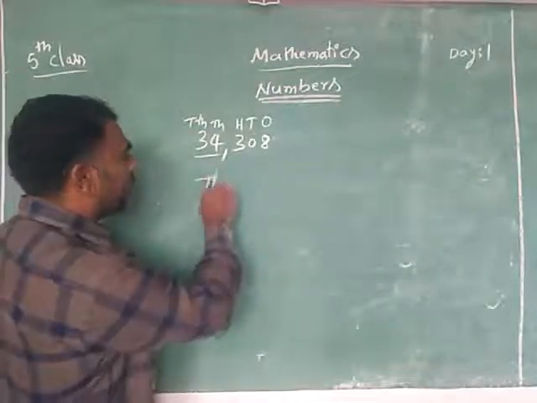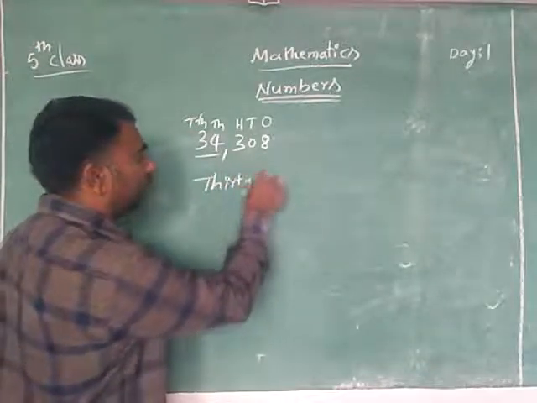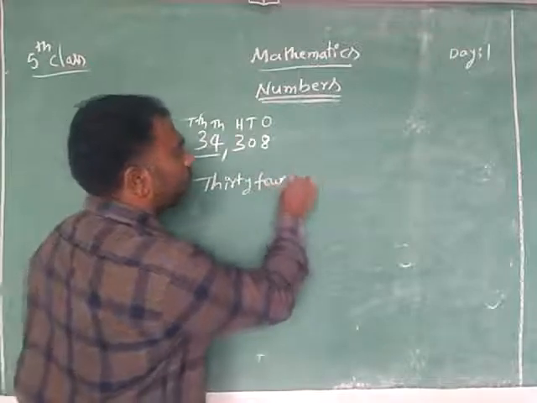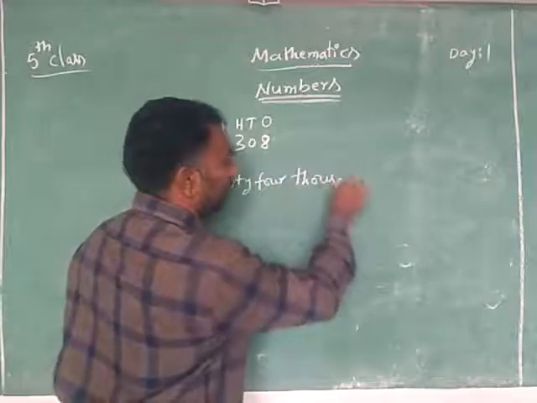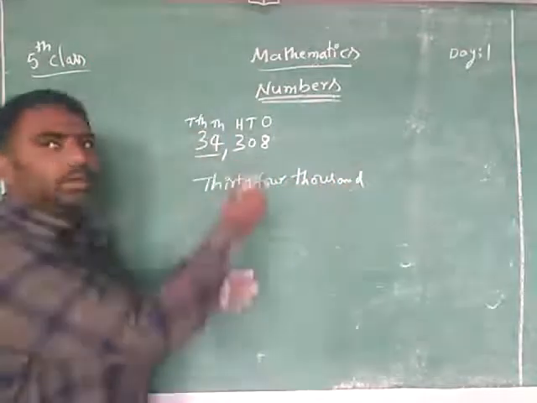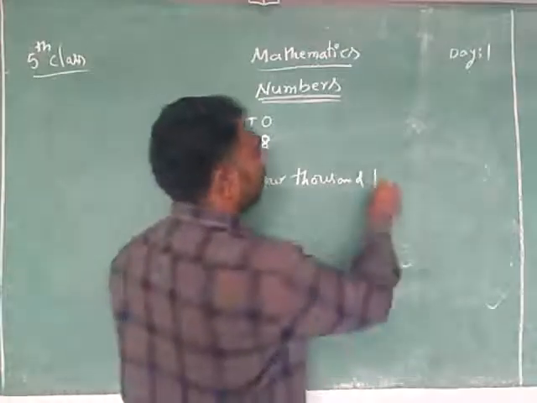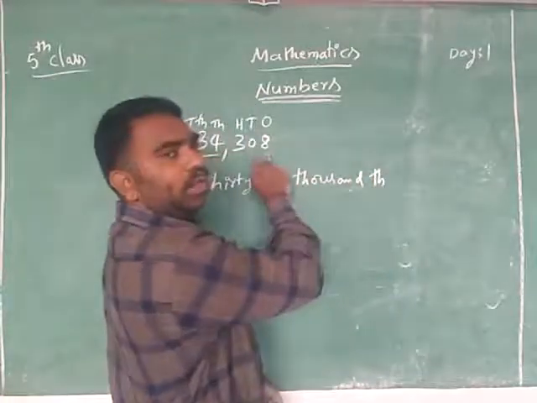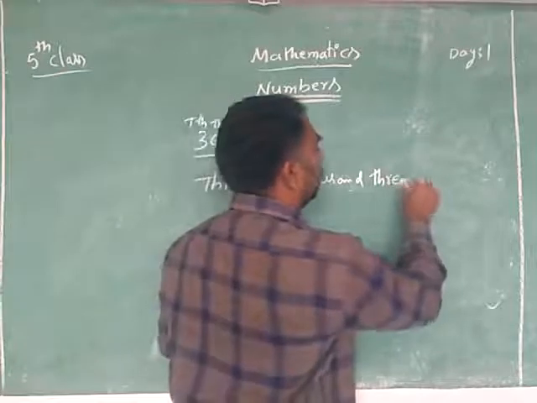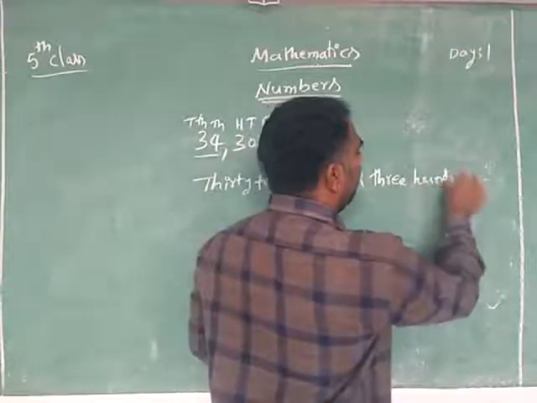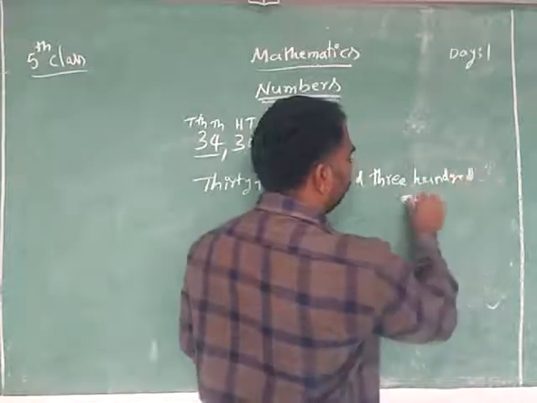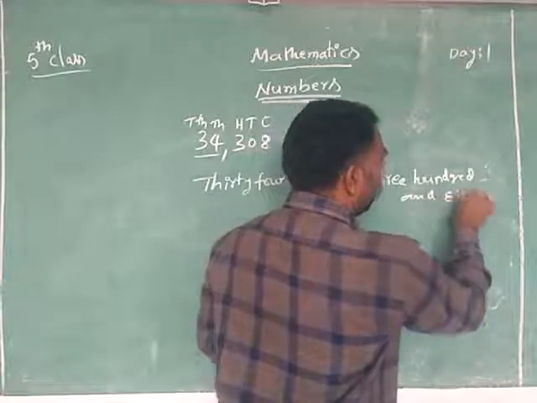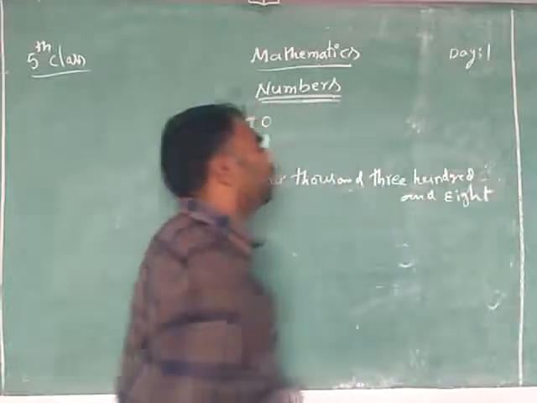So you write it like this: thirty-four thousand. The remaining number is 308. Because you know very well how to read a 3-digit number, I am not explaining it. This is the way of writing numbers in words.